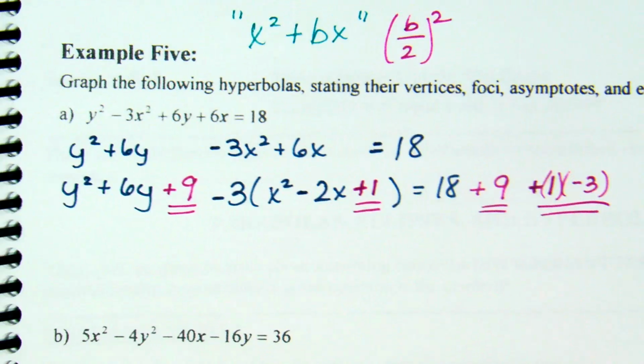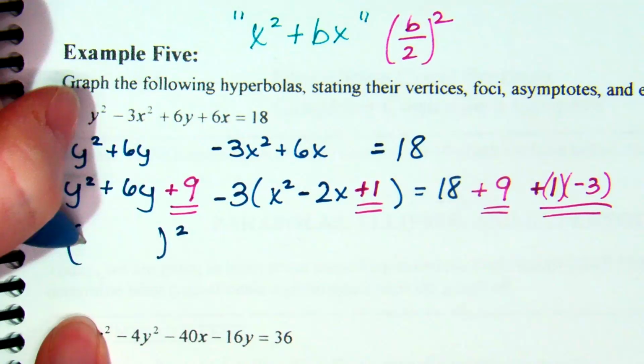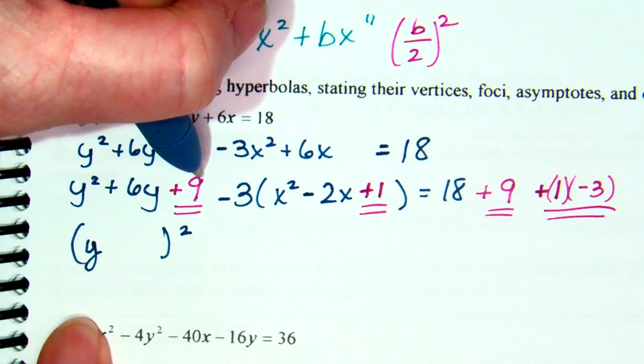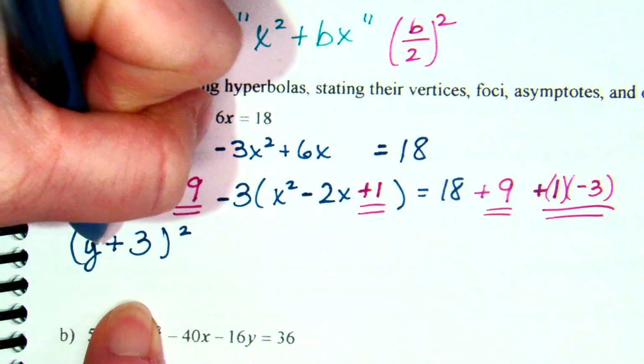After you complete the square, your next step is always to factor. Square root of y squared is y. Square root of 9 is 3. My middle sign is a plus on the 6, so we're going to have plus 3.